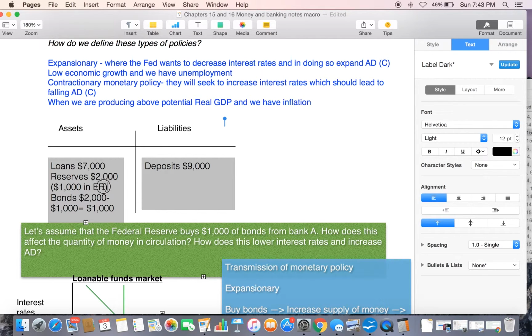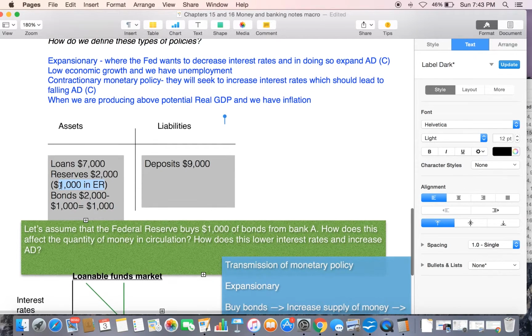We don't need to hold excess reserves, so what we'll do with that is we'll increase our loan portfolio. We'll increase the amount of lending we're doing, and we'll lend out $8,000 instead of $7,000. Our excess reserves will go away, and our reserves will fall back to $1,000.